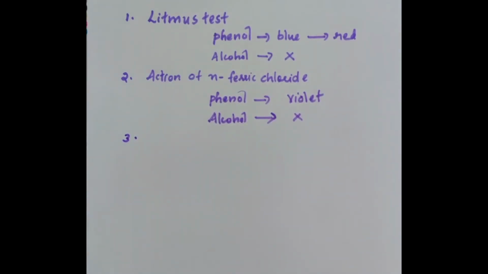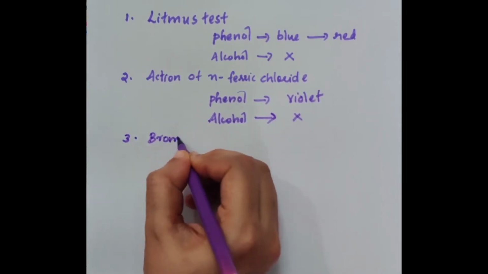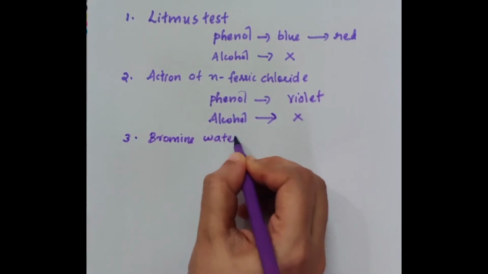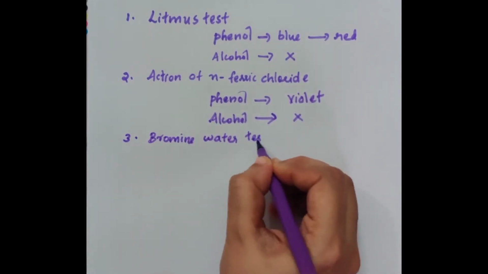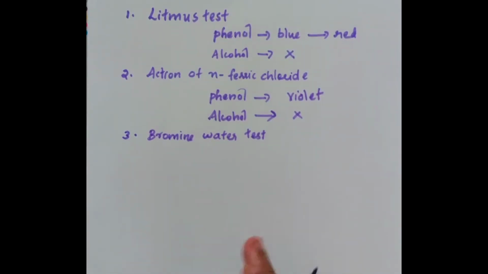Now, the third one is the bromine water test. When shaken with bromine water, phenol yields a white precipitate of a bromo derivative, but alcohols have no such reaction with bromine water.